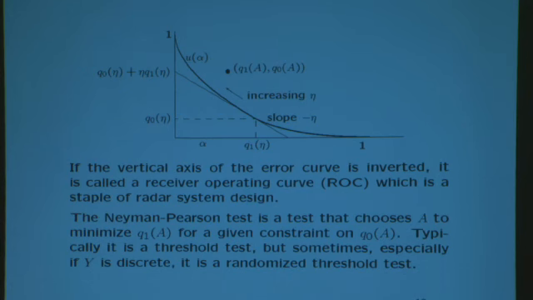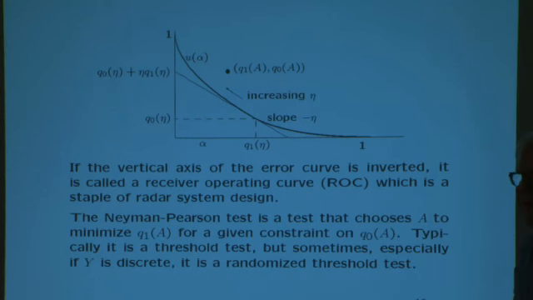Now, when this curve is piecewise linear, the Neyman-Pearson test is not a threshold test, but it's a randomized threshold test. Sometimes when you're at a point like this, you have to use this test sometimes and this test sometimes. For most of the tests that you deal with, the Neyman-Pearson test is just the threshold test at that particular point. So, okay.